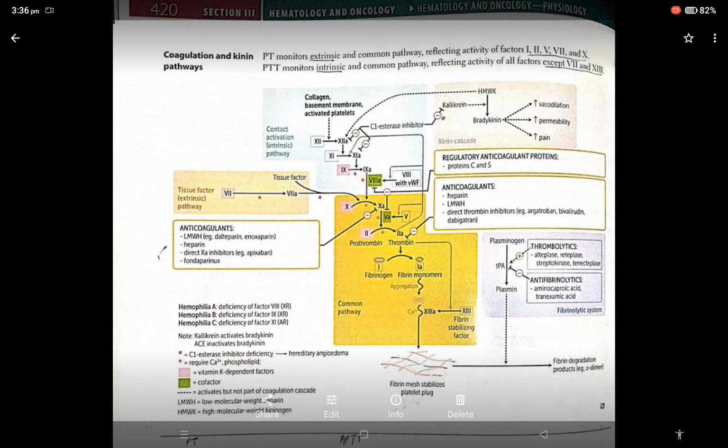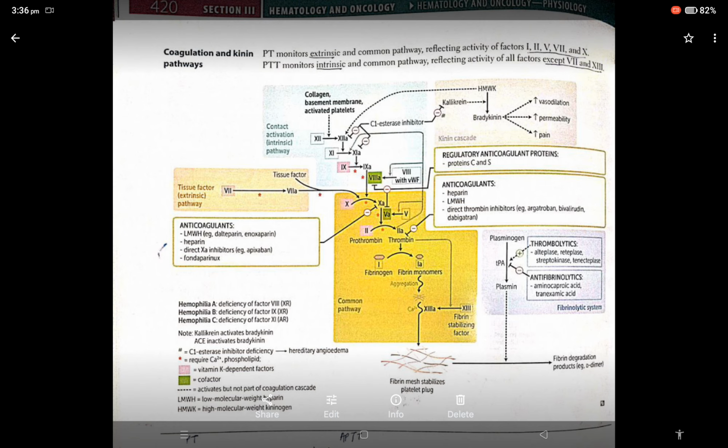So how to remember the factors involved in the pathway in serial order? 12, 11, then 10 is not there, after that 9, 8, 7, and after 7 comes 10. After the activation of 10 comes 5, then 2, 5 into 2 equals 10. Then at last we need to remember that it is factor 13.